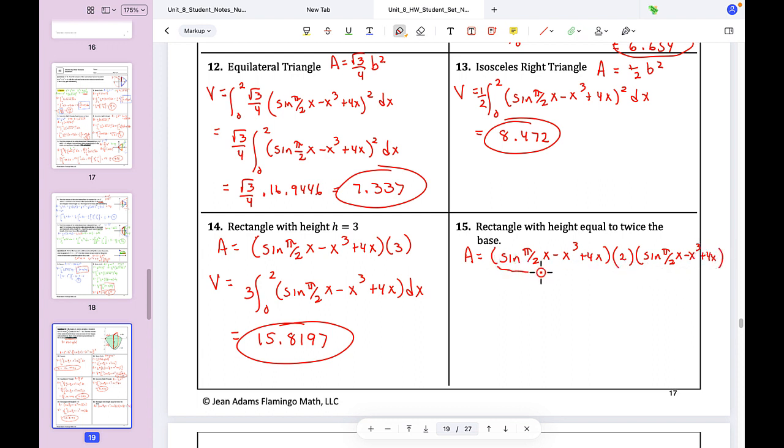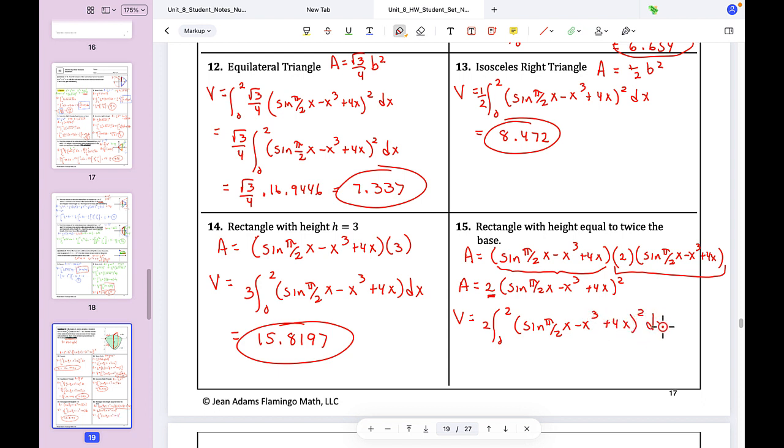So there's my base, and then this is the height, okay? So my area is going to be 2 times sine pi over 2x minus x cubed plus 4x squared. So my volume, going from 0 to 2, I'm going to bring that constant in front, right? And we've got sine pi over 2x minus x cubed plus 4x squared dx, right?